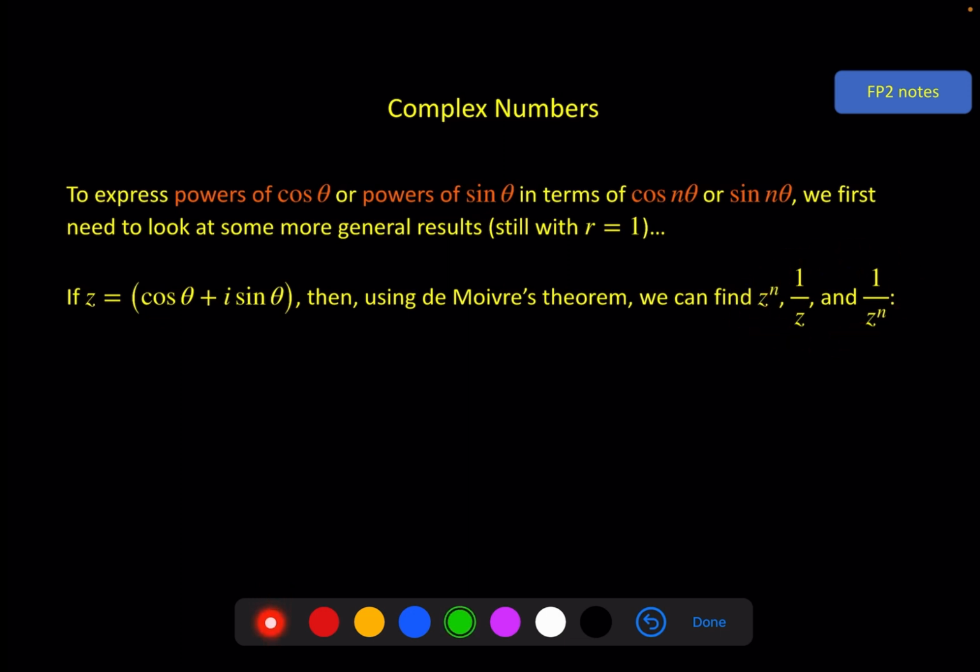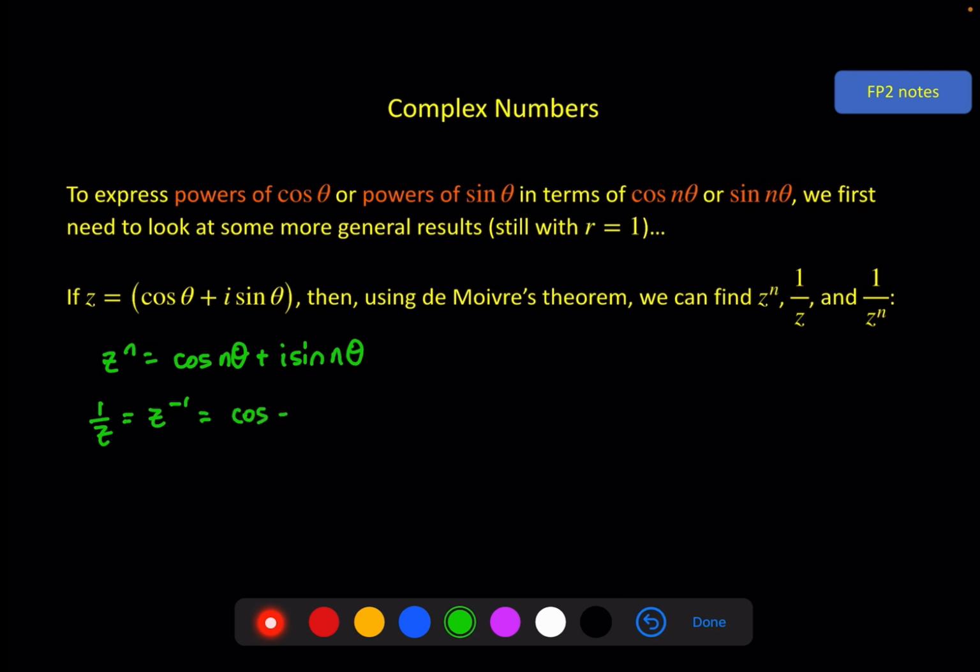And of course we know if z is equal to cos theta plus i sine theta, then z to the n, using de Moivre's theorem, is cos n theta plus i sine n theta. And 1 over z is equal to z to the minus 1. And we proved using Euler's relation and the exponential form that de Moivre's theorem is true for negative integers as well as positive.